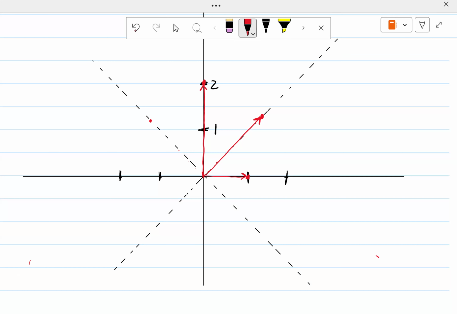So we're going to be here. That's where that guy goes. Then I'll put these dots in black, just so we know those are the endpoints, the heads of those.